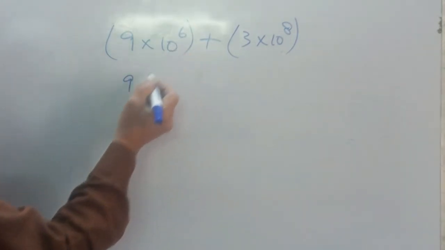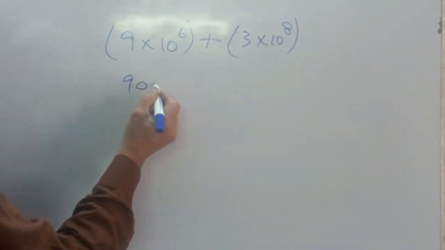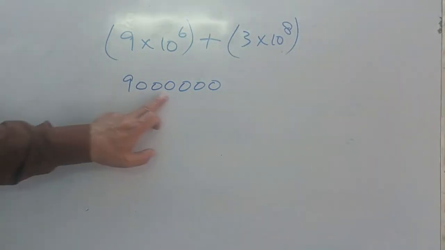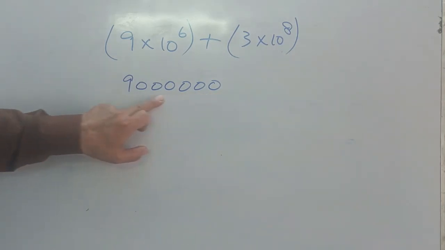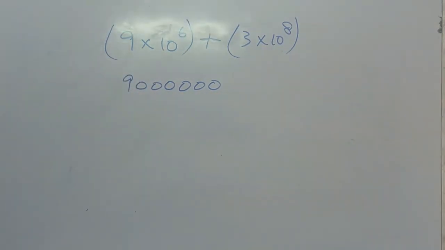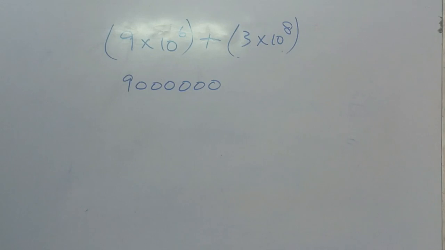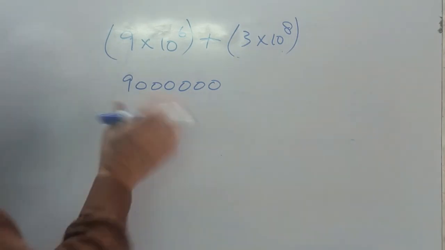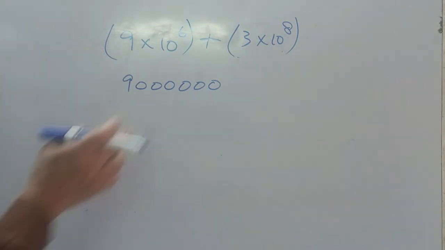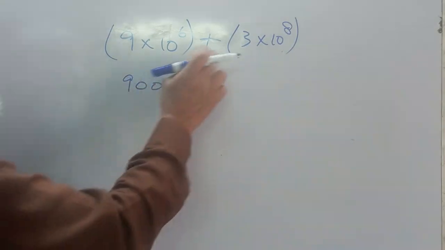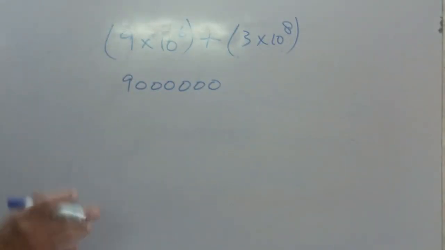Now this is with 6 zeros. You see that this is with 6 zeros, and we have to add this with 8 zeros. This is what I am going to help you understand: the difference from when we directly multiply or directly divide.